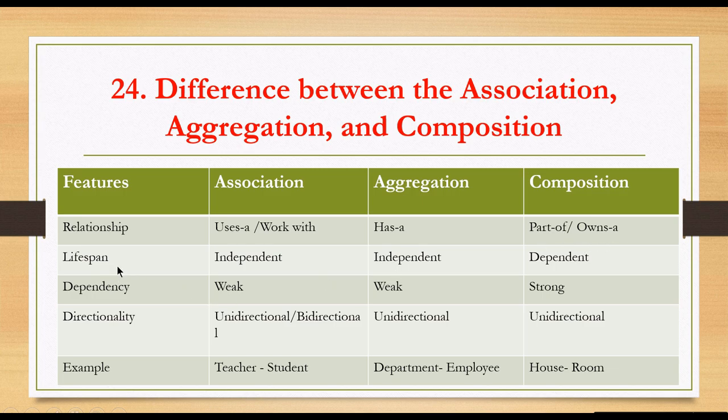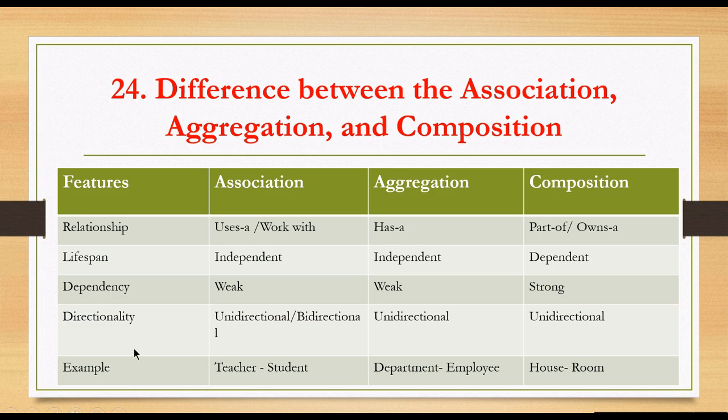Second point, lifespan. In association, all the classes are independent. In aggregation, all the classes are independent, but in composition, the class is dependent. The third one, dependency. Association uses weak dependency, aggregation weak, and composition strong dependency.